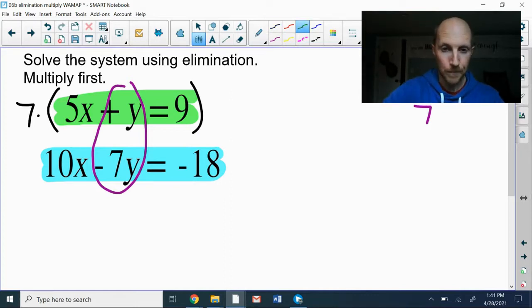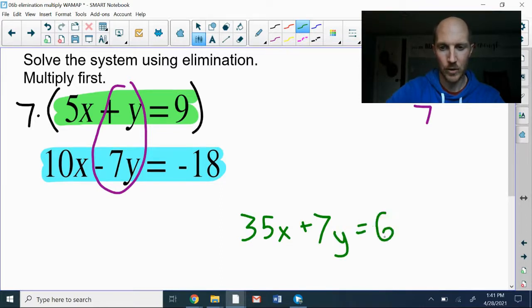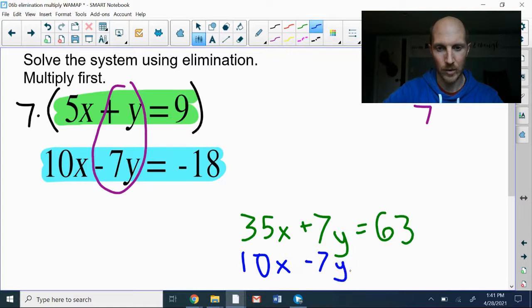So I'm going to rewrite. 7 times 5 is 35x plus 7y equals 63. And I go ahead and rewrite that blue equation just so that they're both in the same place. So I got 10x minus 7y equals -18.